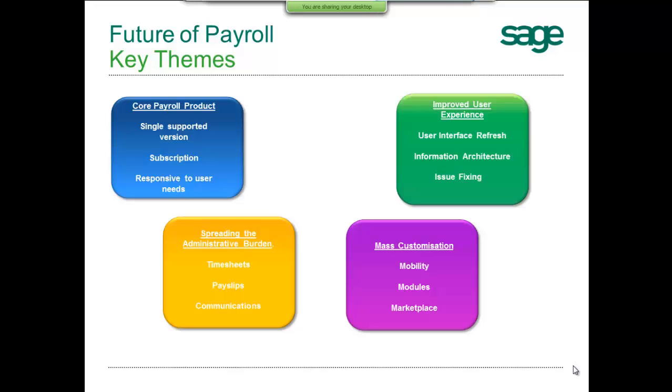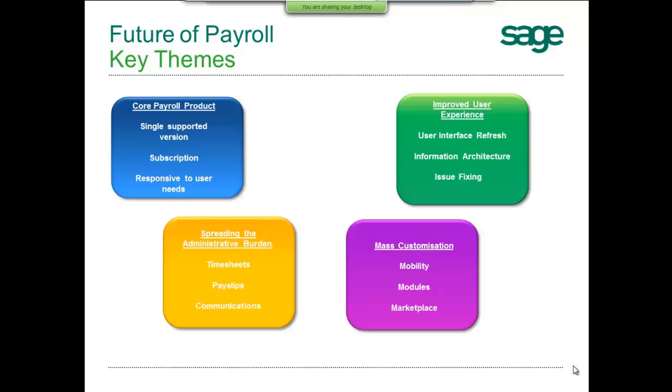That core payroll product will be available on subscription, and it will become very much more responsive to user needs, the actual needs of businesses, rather than just the number of employees they have. We want to do that by introducing mass customization. So you have your core product, and then there will be various modules or apps that sit around that can be added to the product depending on your need as an employer.